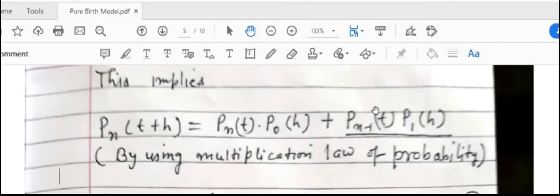In the last lecture, we have seen the pure birth model, important assumptions and probabilities. The basic probabilities like zero arrival in time interval t, and we have also seen zero arrivals means no arrivals. Otherwise, it becomes very difficult to understand.